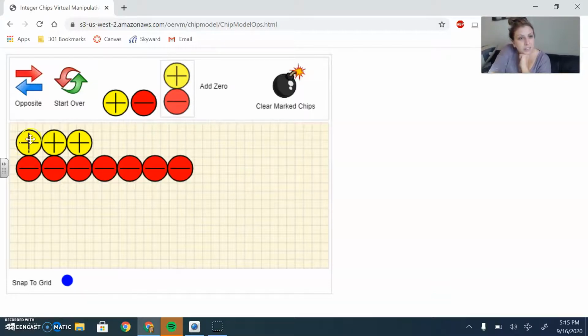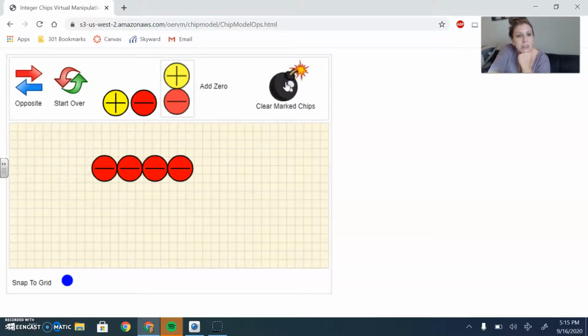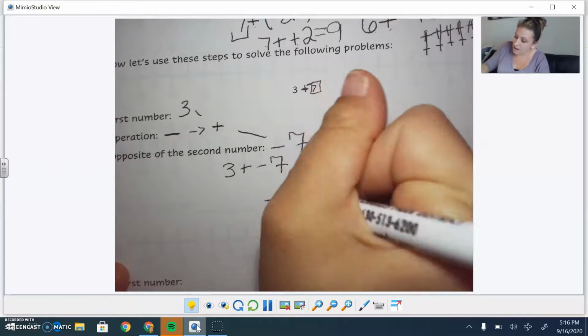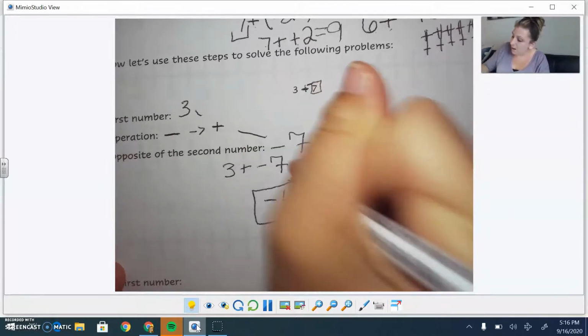Okay. So I'm going to highlight my zero pairs. I have 3 sets of zeros and we cleared them, okay, because they go away. And what we're left with is our 4 negative integer tiles, giving us an answer of negative 4.